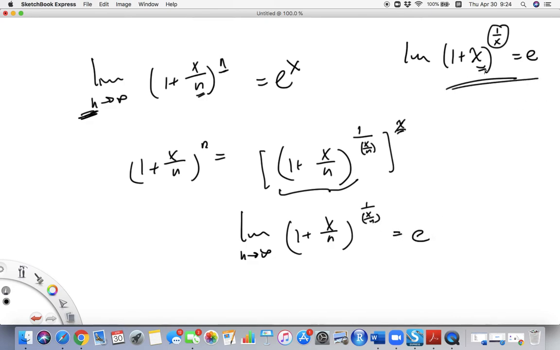By that, you simply replace x by x over n. So x goes to 0, the same as n goes to infinity here. So we know this is e, so the base goes to e, so the whole thing goes to e to the x.